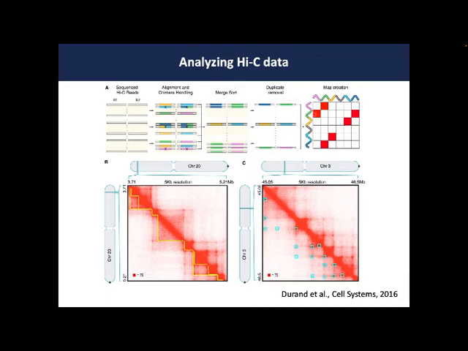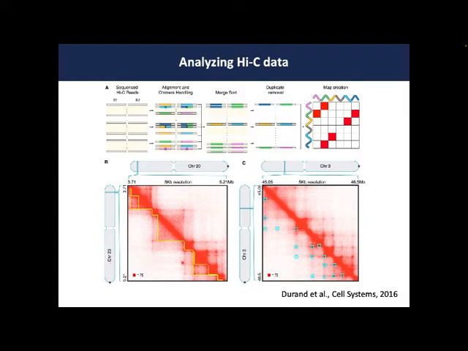So if we find an interaction between this green segment and this pink segment, the probability of this interaction is mapped as a red square here. And if this yellow region and the blue region are sequenced together, this increases the probability of this square, the red square, in this two-dimensional map.